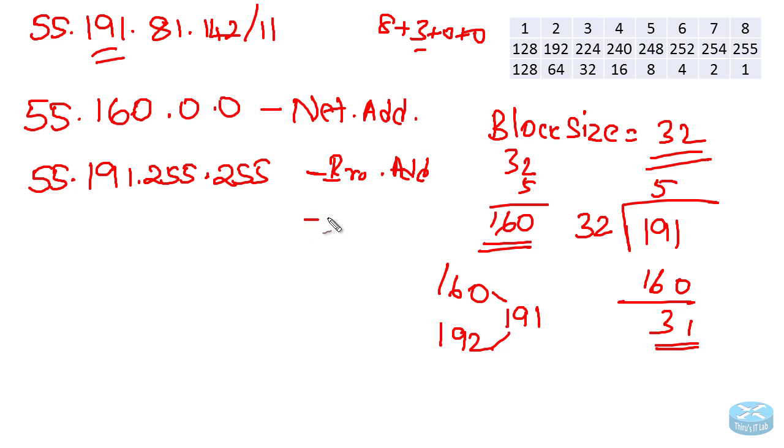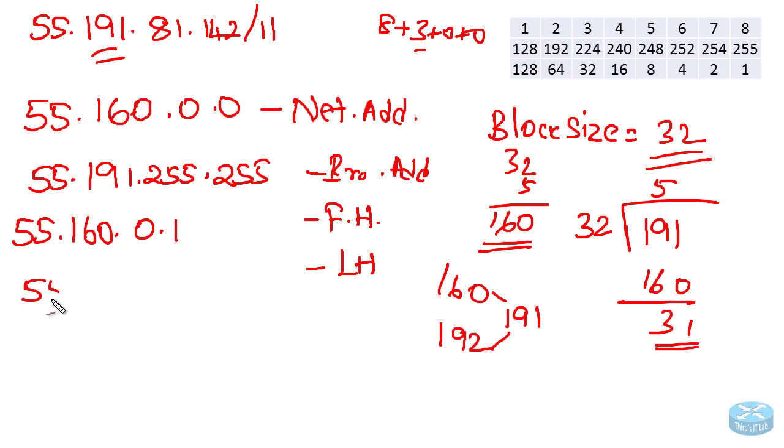So what is the first host here? The first host would be 55.160.0.1, and the last host would be one less than the broadcast address, which is 55.191.255.254.